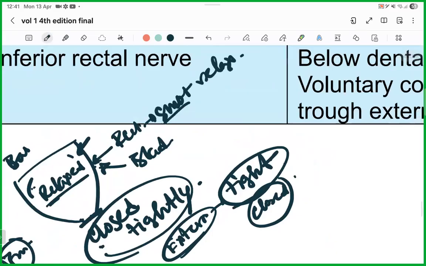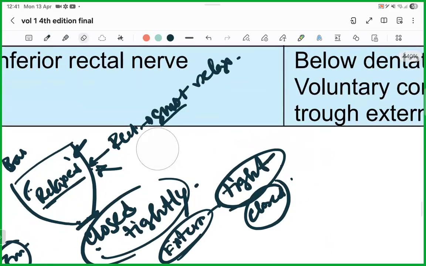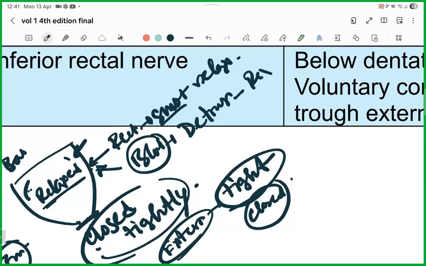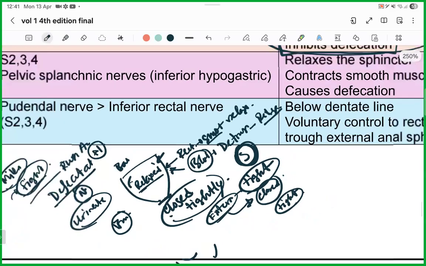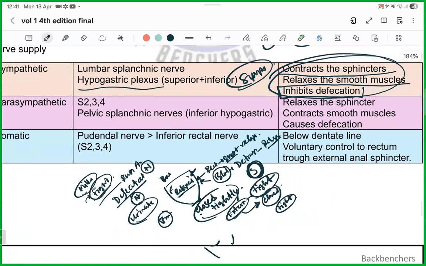In case of bladder, the detrusor will relax and the external sphincter will be tight. Simple. So this is the sympathetic effect in your bladder and your rectum.